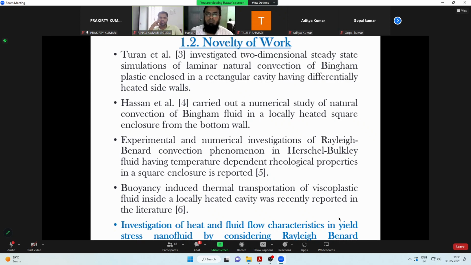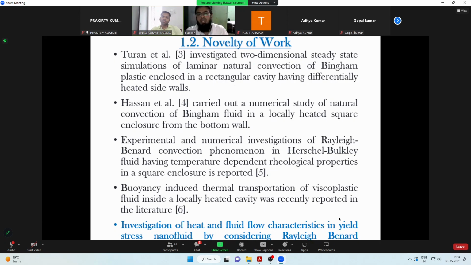They have, in a massive, very aggressive way, investigated two-dimensional laminar natural convection using Bingham plastic enclosed in a cavity with differentially heated side walls. A lot of work has been done by this group.